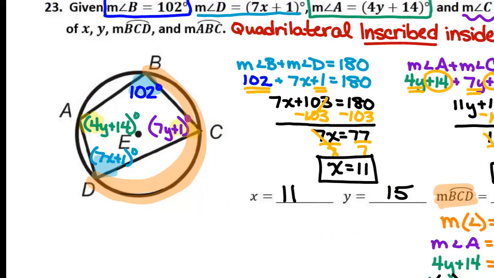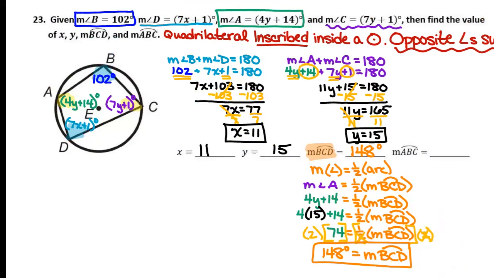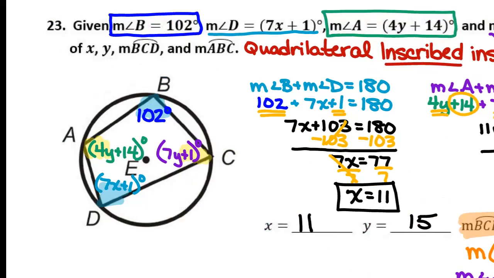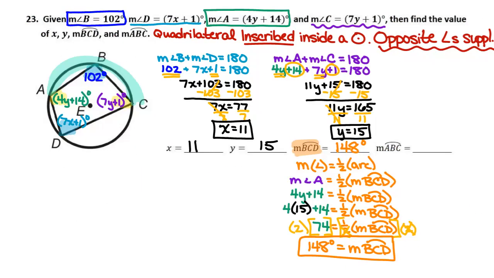All right. And then we have one more arc to go. This time, I want arc ABC. Here's arc ABC. What is the inscribed angle that is intercepting arc ABC?